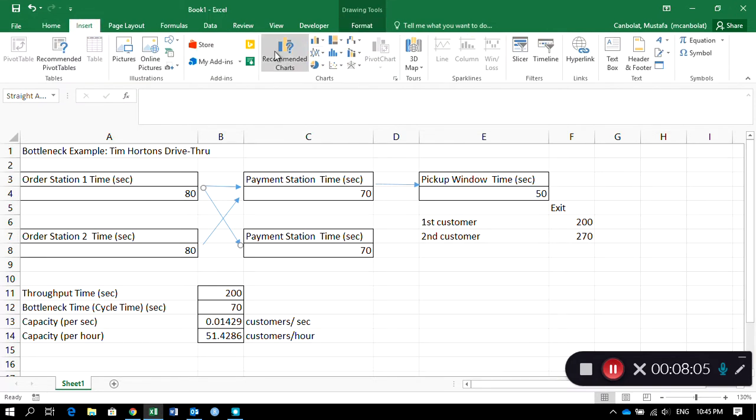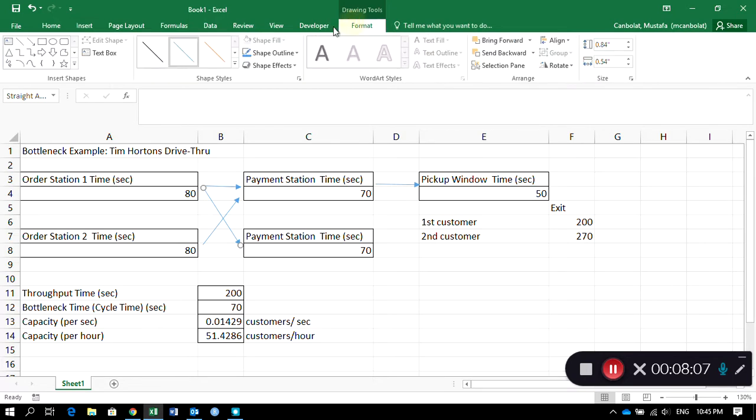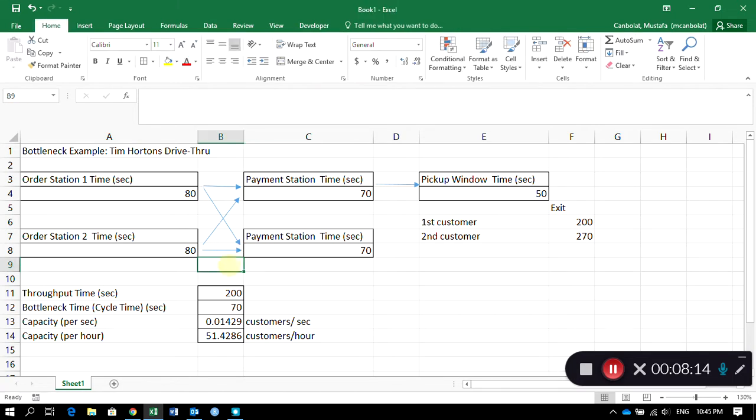It's kind of hard to label each one, but let me just put those arrows in here. So we have those arrows, and now the customer may just jump into the first available payment station. Let's assume that.